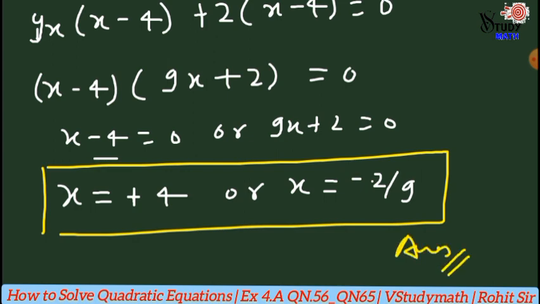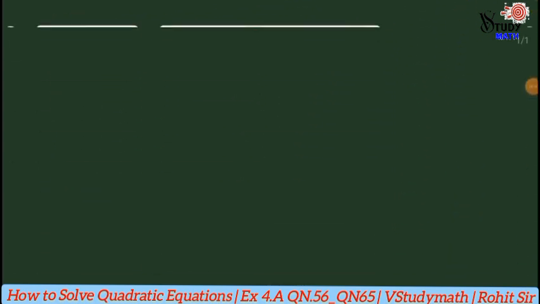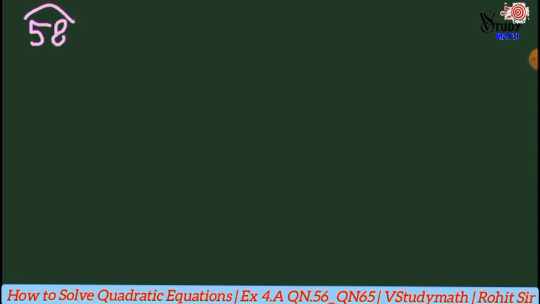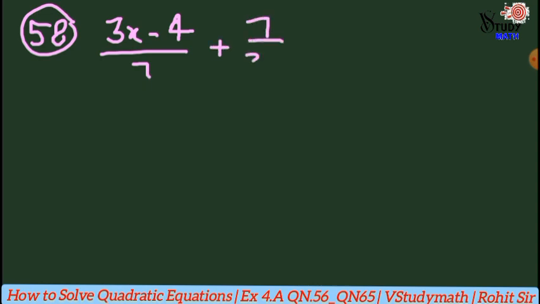Now move to question number 58 from the RS Agarwal book of class 10th, and the question is (3x minus 4) upon 7 plus 7 upon (3x minus 4) is equal to 5 by 2.